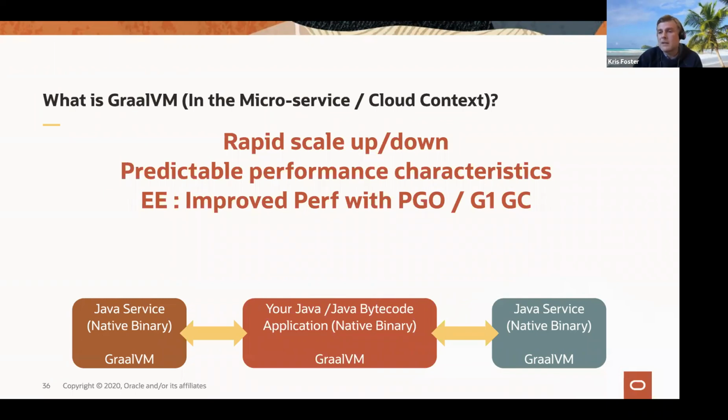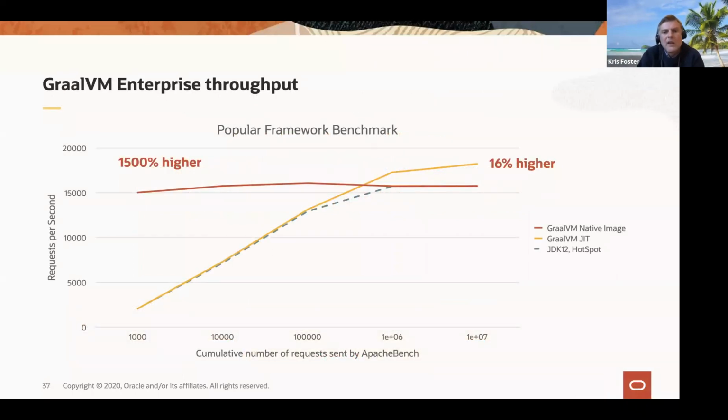We can pass that to a native image build so that it should make the native image build optimized for the workload. And we've also got a new garbage collector, the G1 garbage collector, in the Enterprise Edition of native image.